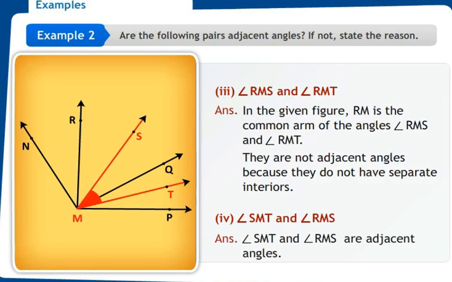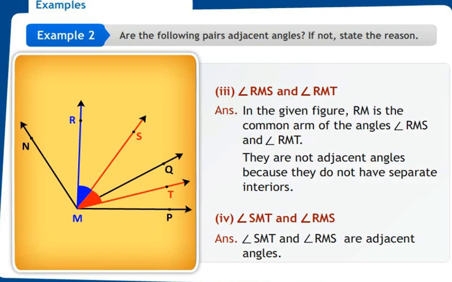Now you can see angle SMT and angle RMS. Angle SMT and angle RMS, they have a common vertex M. They have a common arm SM, and their interiors are totally separate.